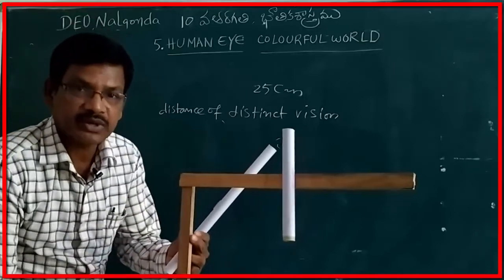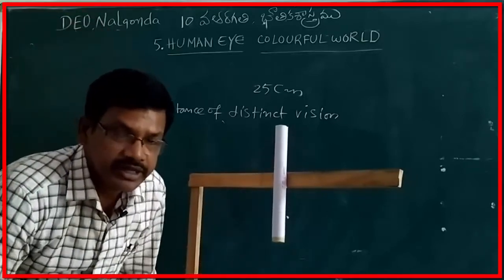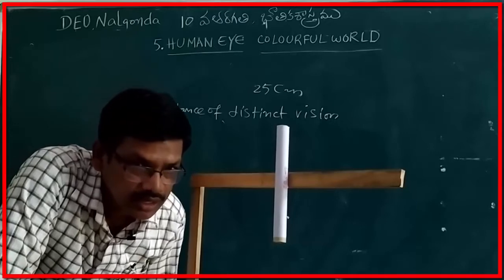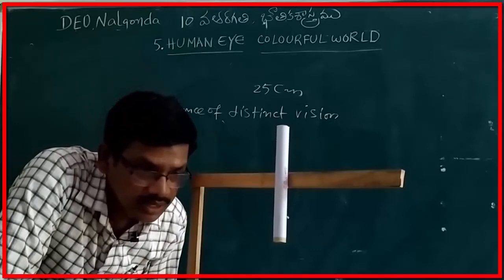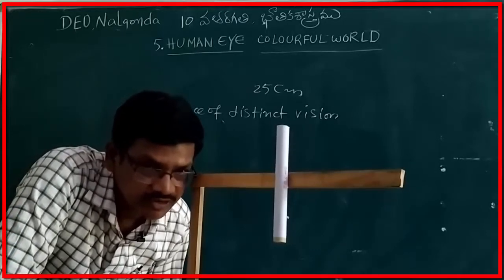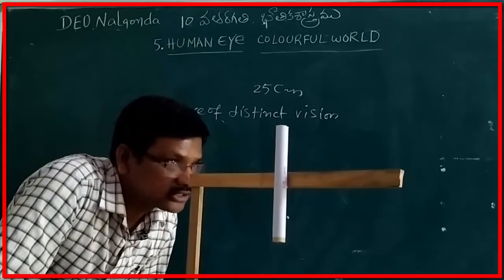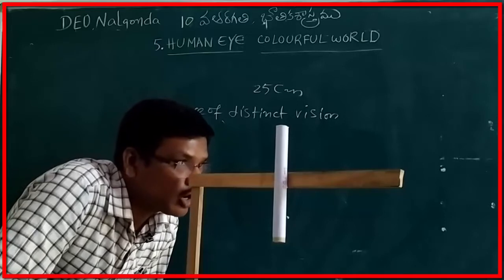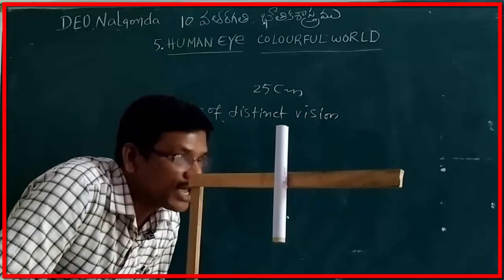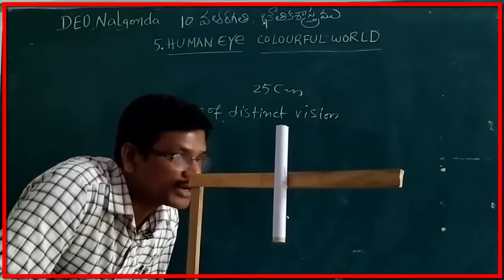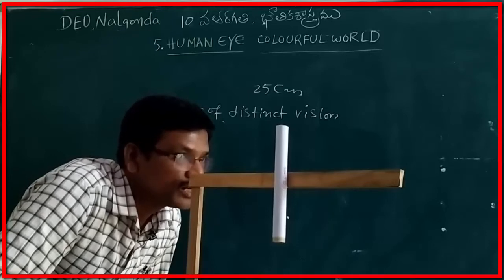Now, I place my head near the horizontal rod at the vertical rod of the stand and try to view the top and bottom of the object placed at some distance on the horizontal rod.